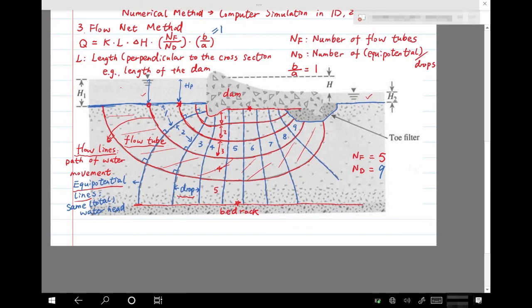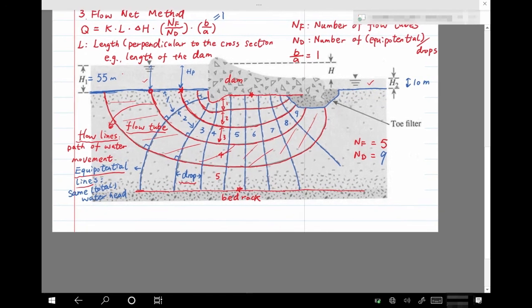Let's jump back to the figure and see where A, B, C are, and what H1, H2, and H3 are. In this case, H1 is here, so it's already marked out. H1 is 55, and the unit is meter. And H2 is 10 meters. And H3 is this one.